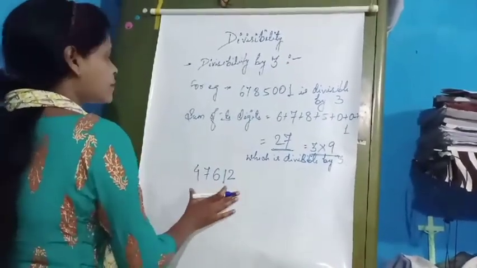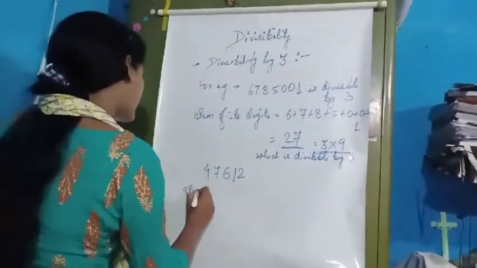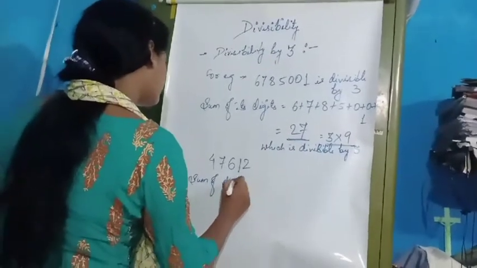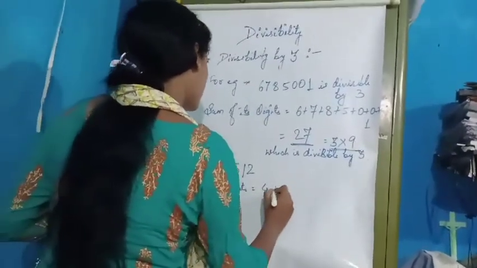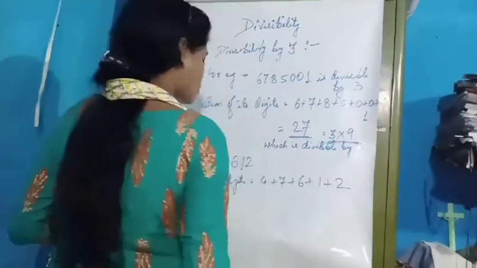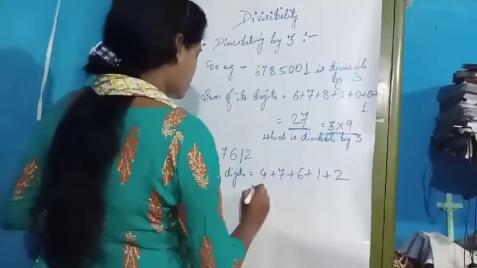Now suppose I give you one more example, 4, 7, 6, 1, 2. If I ask you whether this number is divisible by 3 or not, then again you have to find the sum of digits. 4 plus 7 plus 6 plus 1 plus 2. So what will you get? 4, 10, 17, 18, 19, 20. So 20.